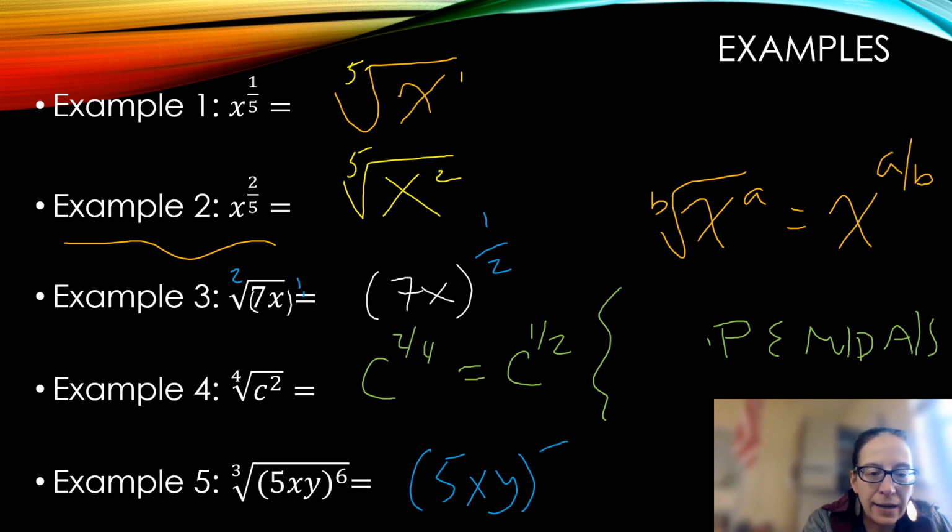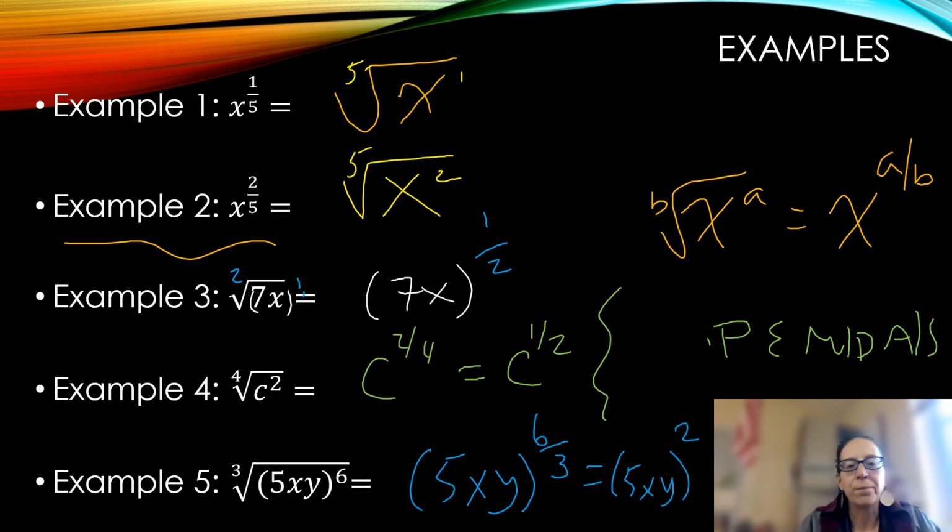The index is the denominator, and the exponent is the numerator, and 6/3 we can definitely simplify. 6/3 is 2. So if you can simplify the fraction, absolutely you can. And I do want you to notice that there's nothing that says that it has to be a proper fraction.